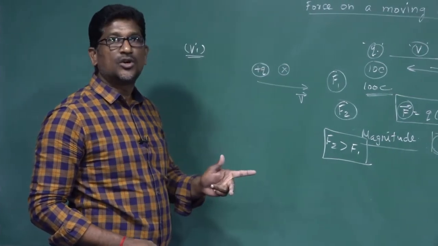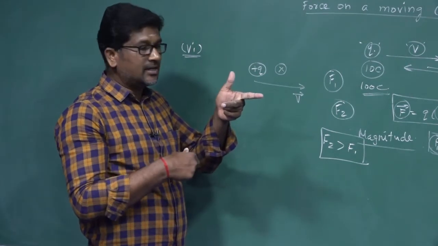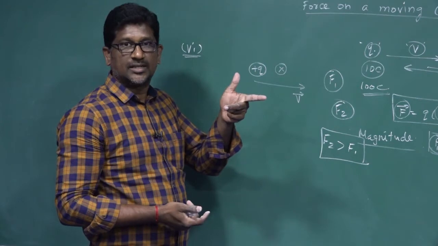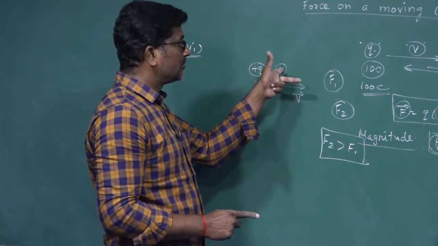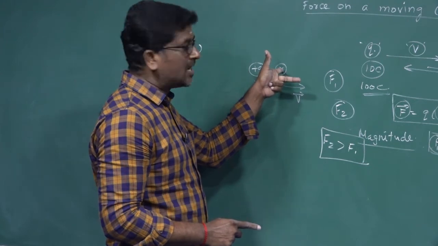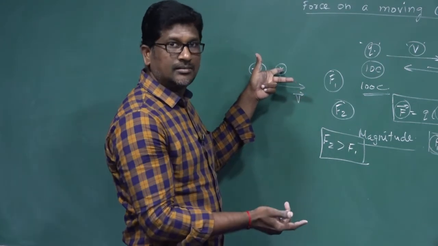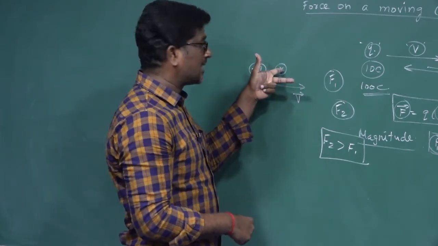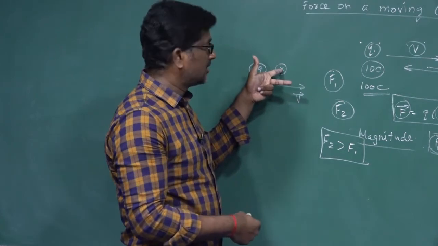According to Fleming's left-hand rule, stretch the first three fingers of the left hand, mutually perpendicular to each other. The forefinger represents the direction of magnetic field, and the middle finger represents the direction of current. And what is the direction of current?